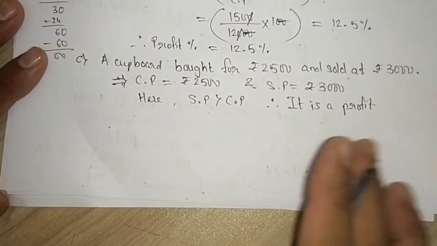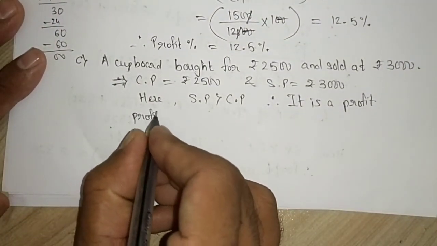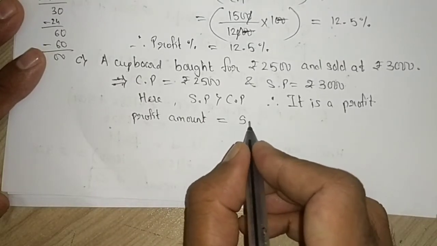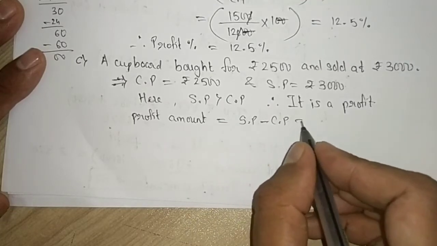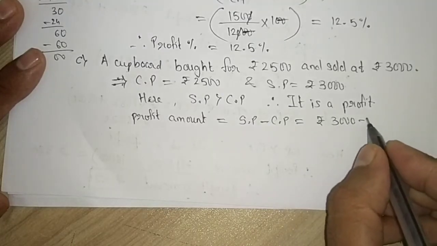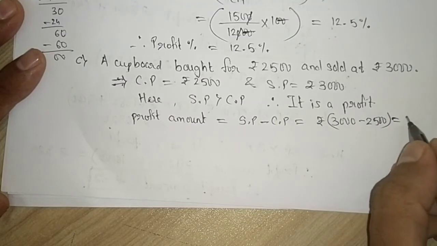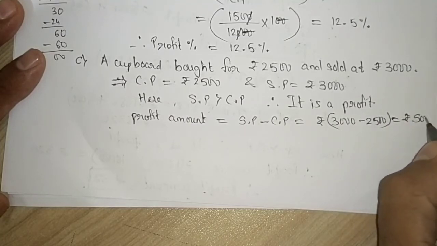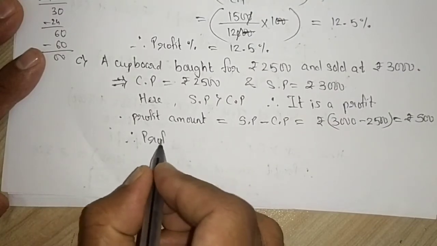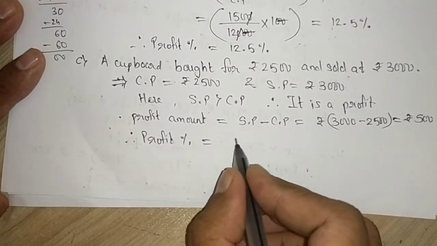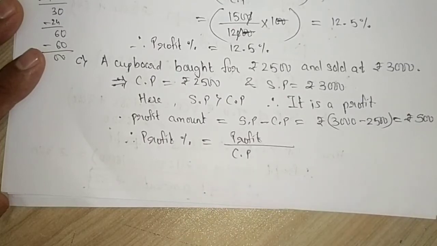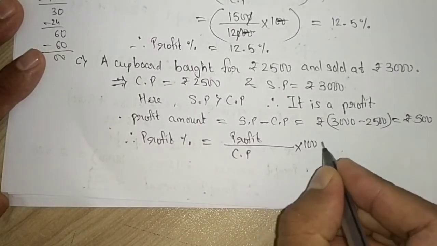So what I will do now, I will find the profit amount. Profit amount is equal to selling price minus cost price. Selling price is rupees 3,000 minus 2,500 will give me rupees 500. Now therefore profit percentage is equal to the profit amount divided by the original cost, that is cost price, into 100%.